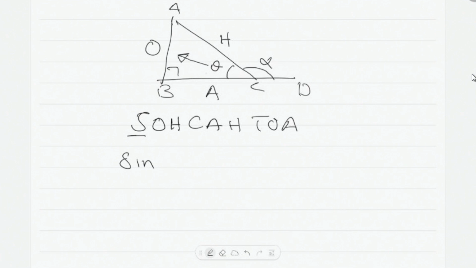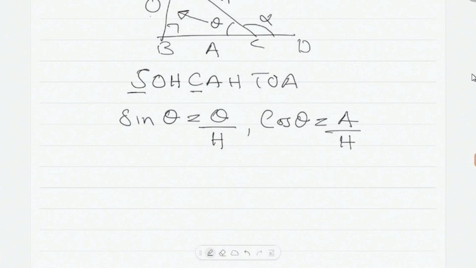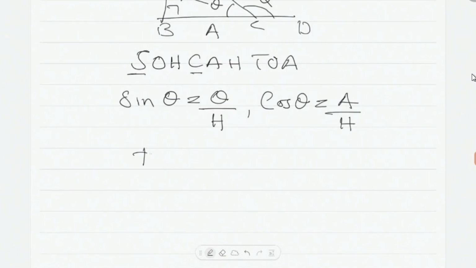Then C, in the mnemonic SOHCAHTOA, we have C there, which is for cosine. Then we have cos theta is equal to adjacent, which is A, divided by H. And then the last ratio that we can look at is tangent, which is tan theta is equal to opposite divided by adjacent.